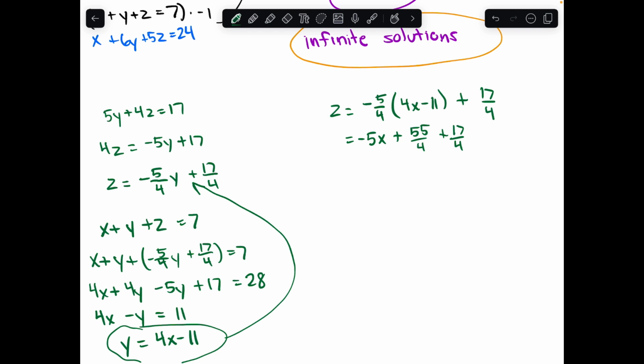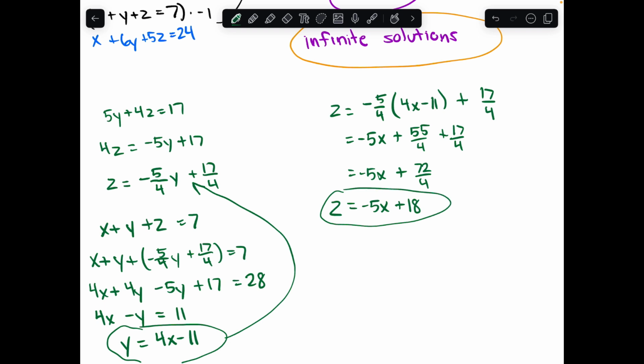Combining like terms, we have negative 5x plus 72 over 4, which then becomes negative 5x plus 18. So we now have an equation for z in terms of x and an equation for y in terms of x. So I can finally write my answer.